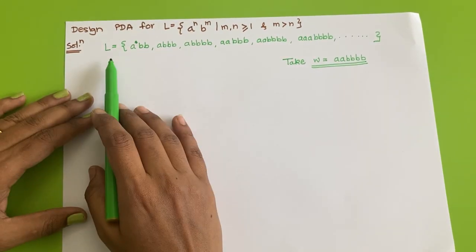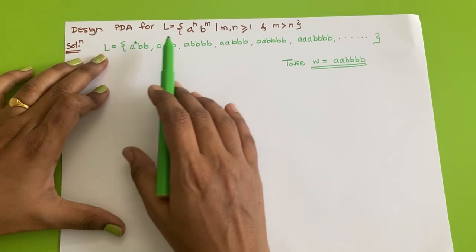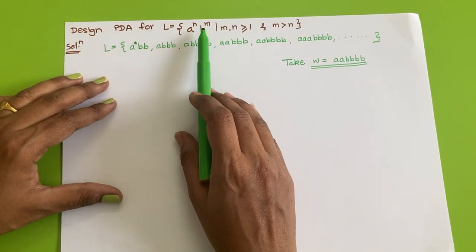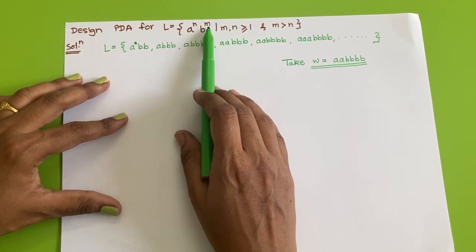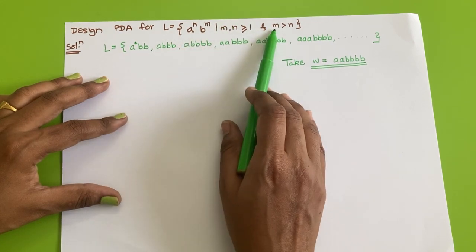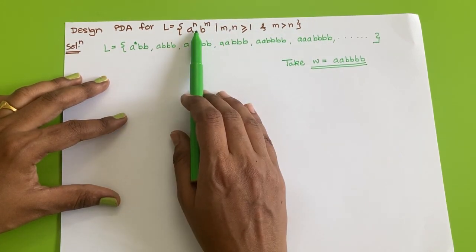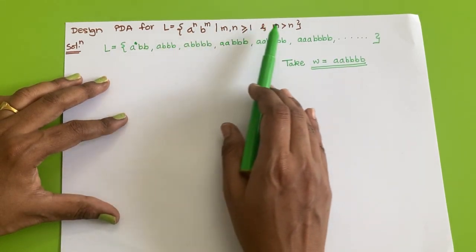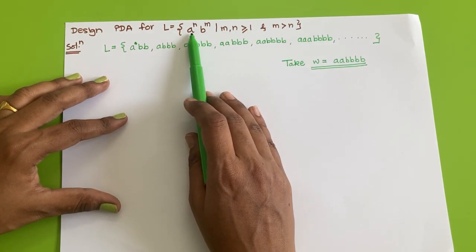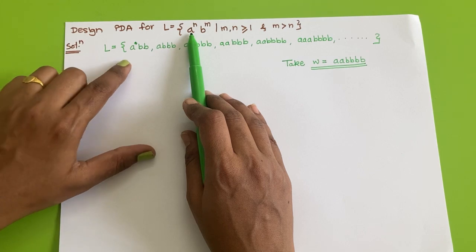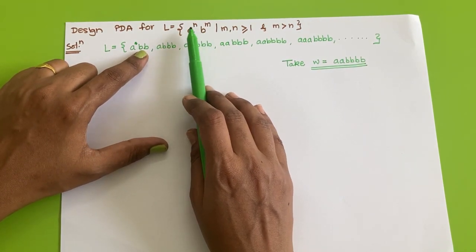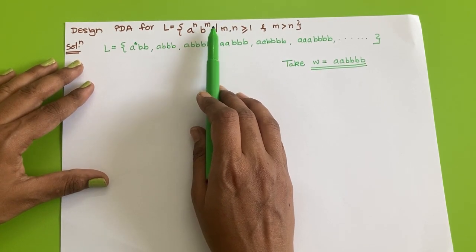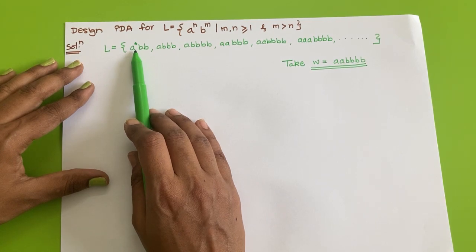Okay, so we have calculated here set L. The smallest string from set L will be ABB, because here the number of B's is larger than A's, because M is always greater than N. If N is equal to 1, then the value of M should be greater than N, so M can be 2 and onwards.